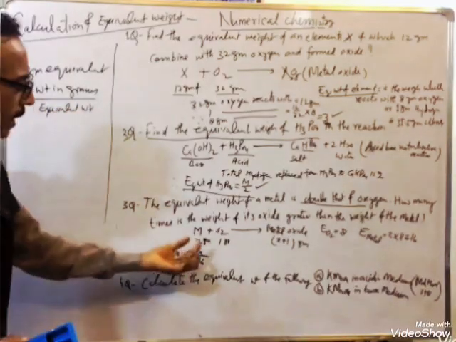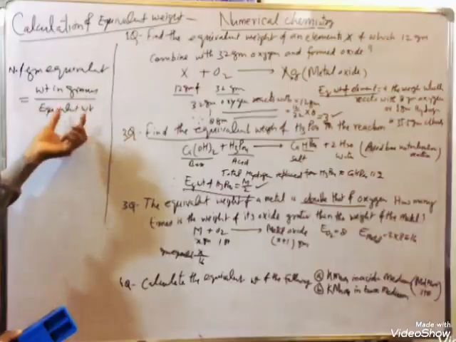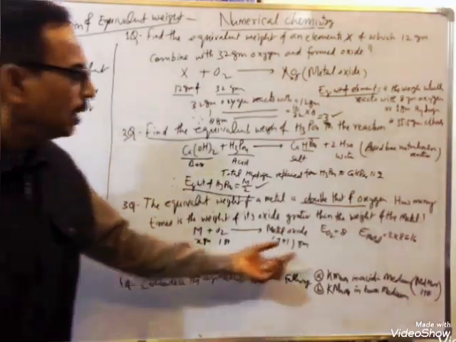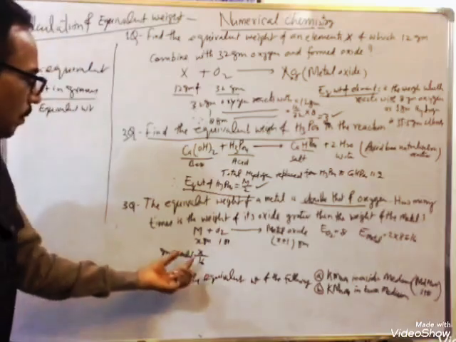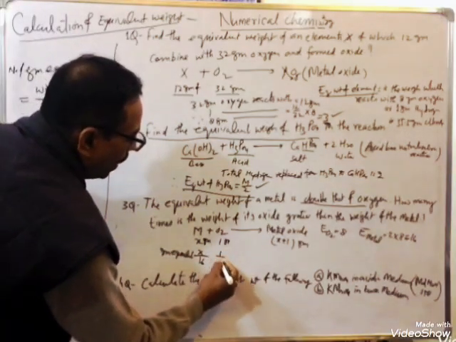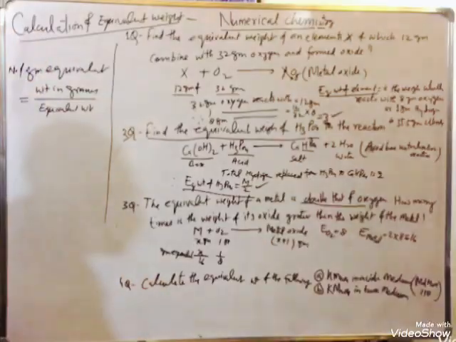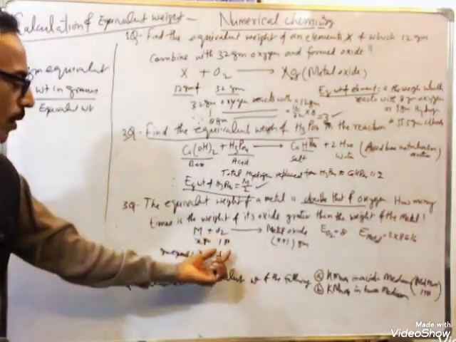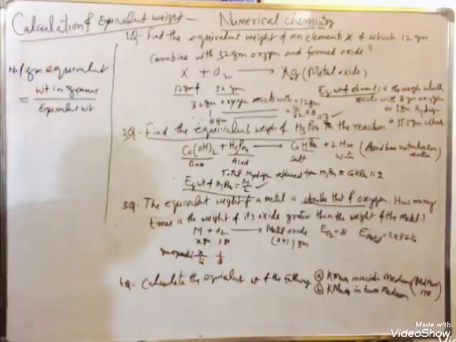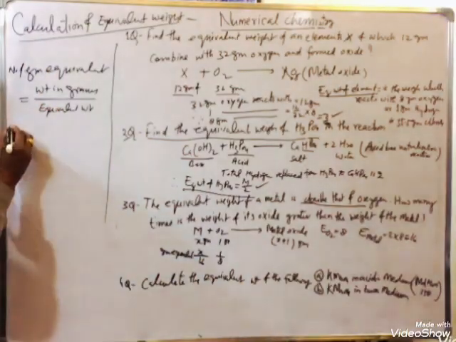So here x gram divided by the equivalent weight of the metal, 16, gives the number of gram equivalents: x by 16. For oxygen it is 1 by 8, because 8 is the equivalent weight of oxygen.